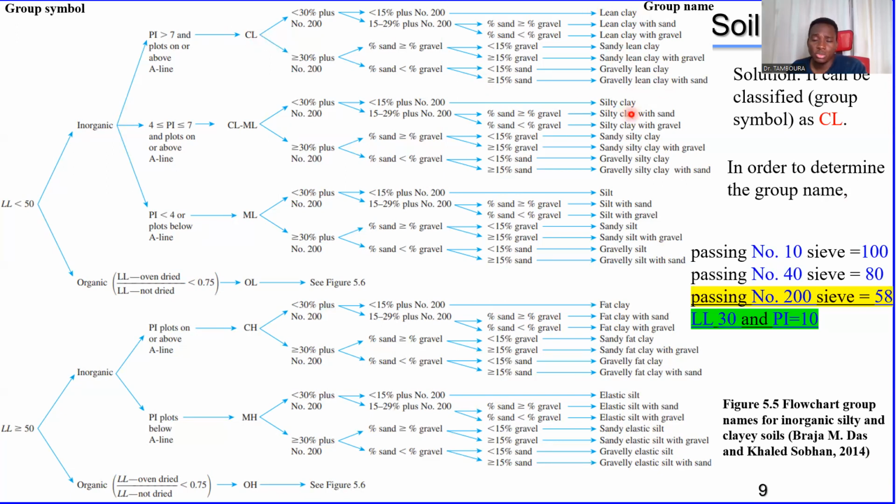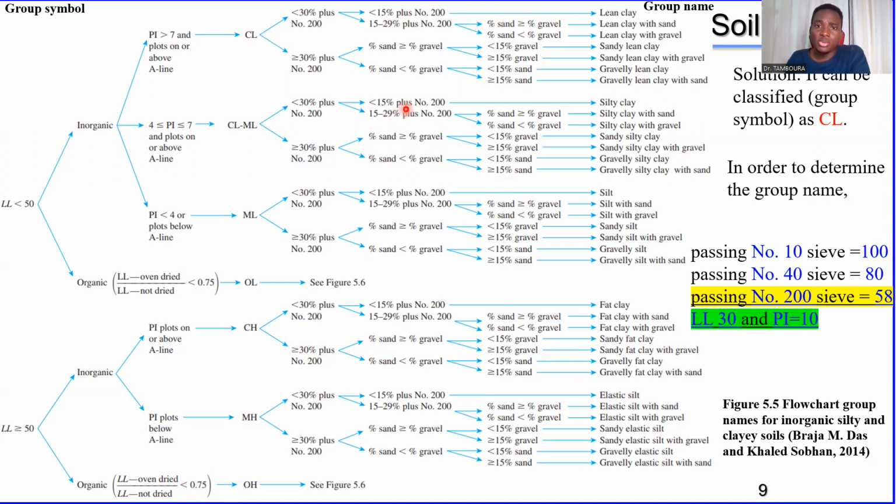So let's go. But as we can see, for this we will need to know the percentage of gravel and sand, and compare if the percentage of sand is higher or smaller than the percentage of gravel, or the passing of sieve number 200.